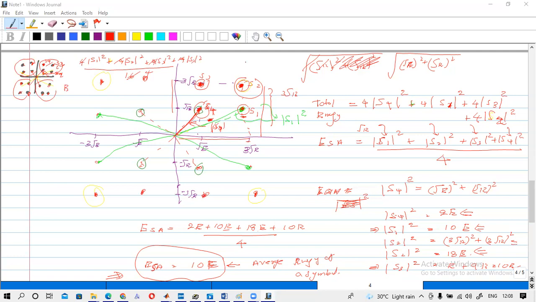Thank you. The other question is how to equal the average energy of QAM and PSK. That is what I explained. We can't equal it, and we have no need to equal it, because QAM is another modulation scheme, and PSK is another modulation scheme.